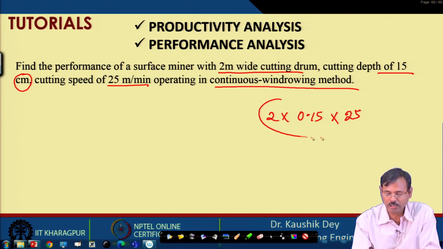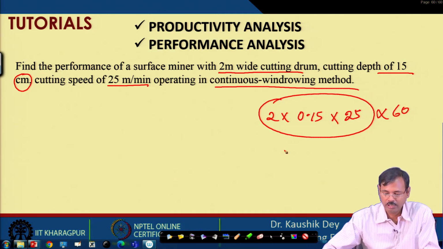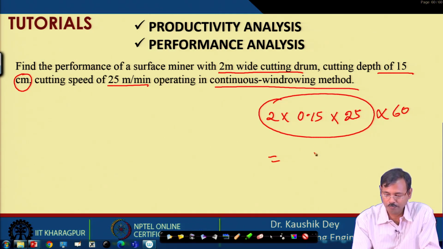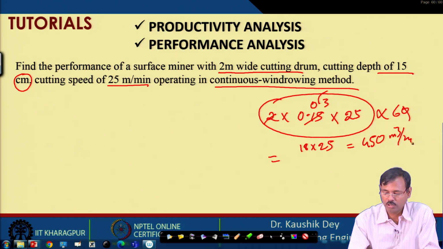So, this is the production in 1 minute, and if we multiply with 60, we will get the hourly production. So, this is 18 into 25, that means 250 plus 200, so 450 meter cube per hour.